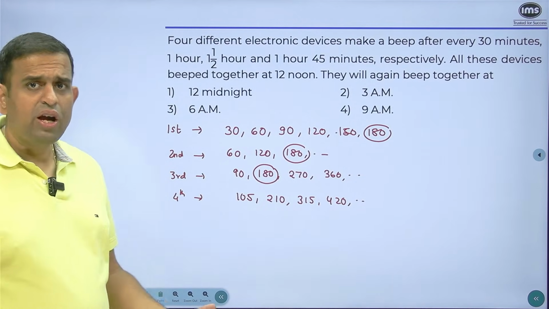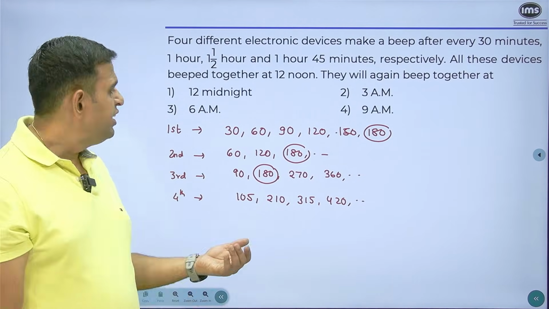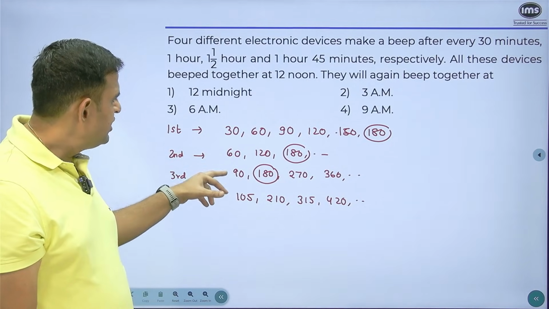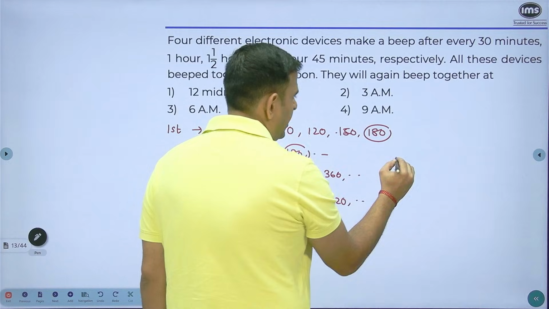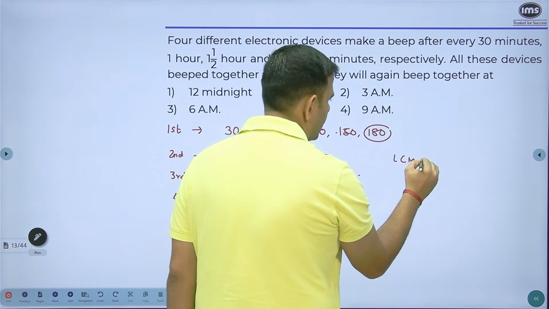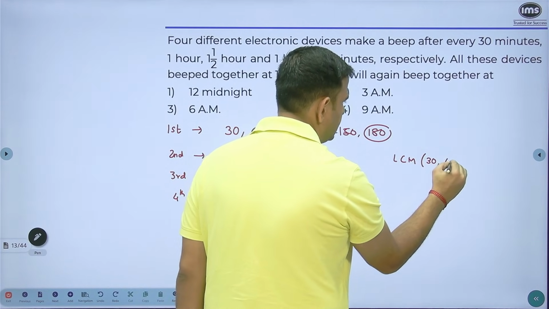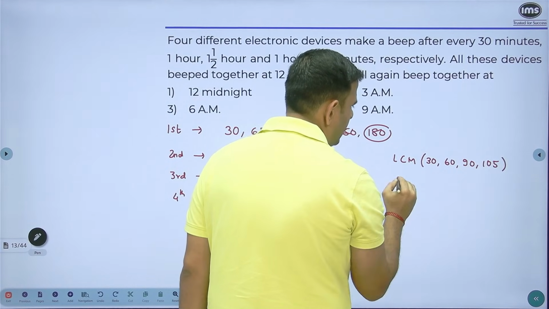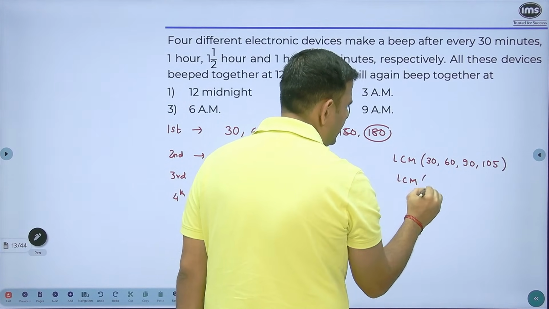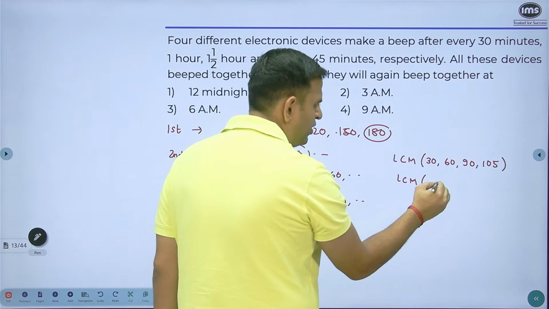So understand, what we are now looking for, in simple words, is the LCM of 30, 60, 90 and, let's say, 105. We have found that the LCM of 30, 60 and 90 was straightforward.